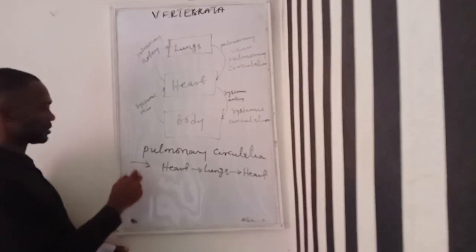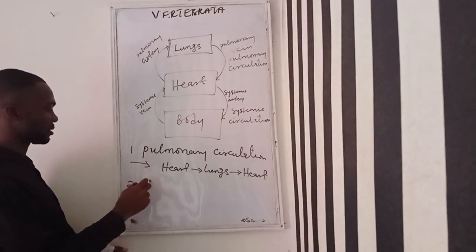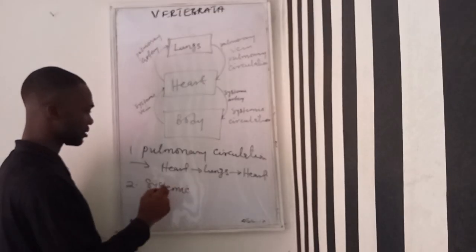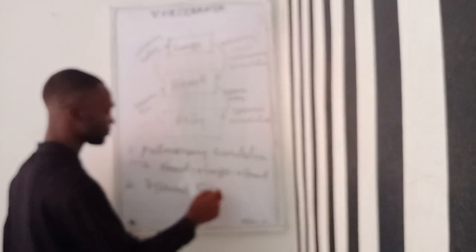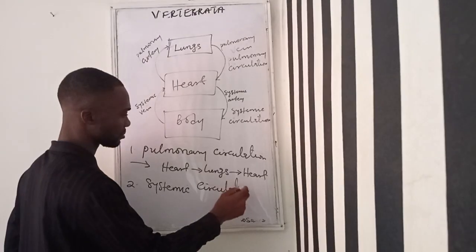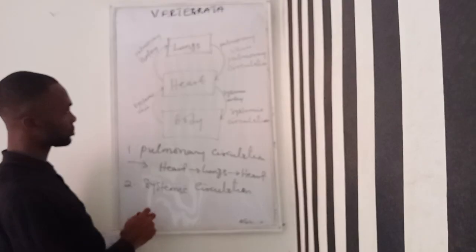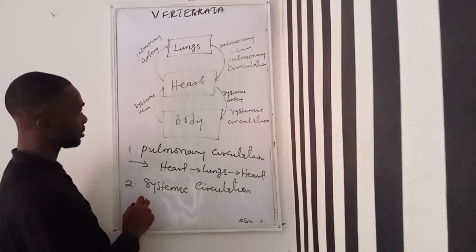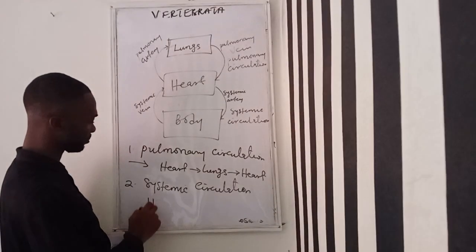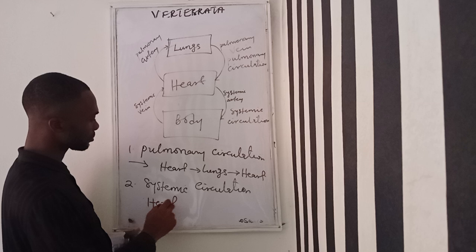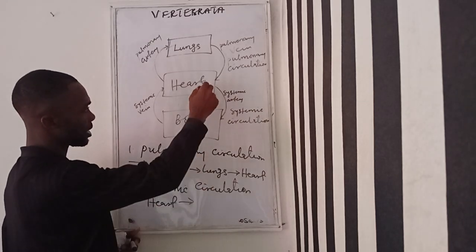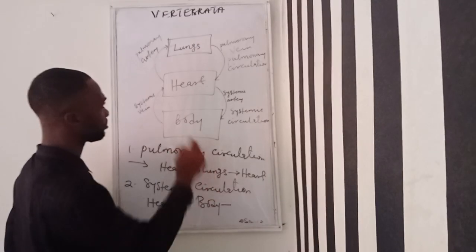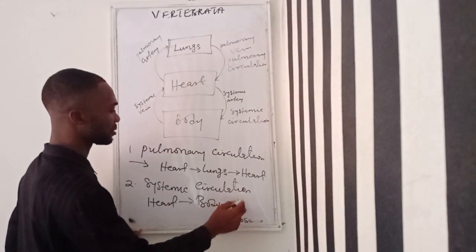Then, in systemic circulation, blood now moves from the heart to the body, and from the body back to the heart again.